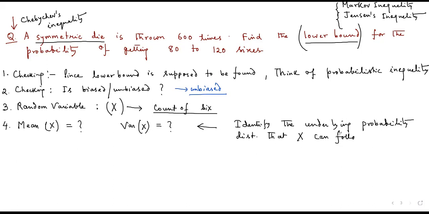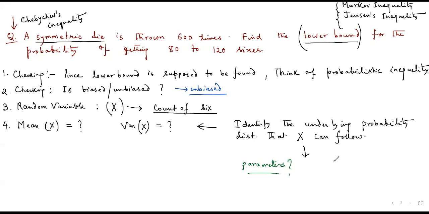Okay. So to identify the distribution, we need to identify what the parameters are. Do we know the parameters? First of all, so far we have learned two probability distributions. One is the binomial probability distribution, another is the Poisson probability distribution.